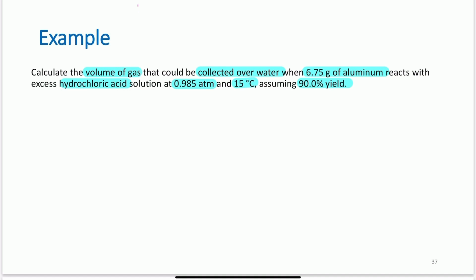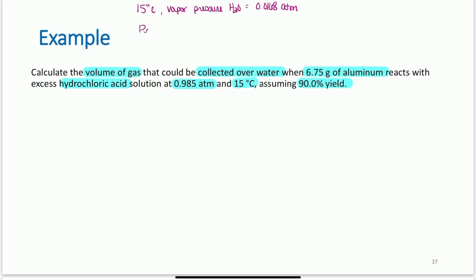So, at 15 degrees C, the vapor pressure of water is 0.0168 atmospheres. And again, on an exam or a quiz, I would give you that value. Homework, you guys can look that up.